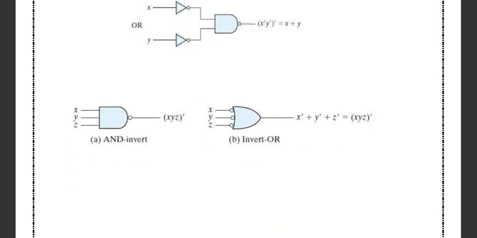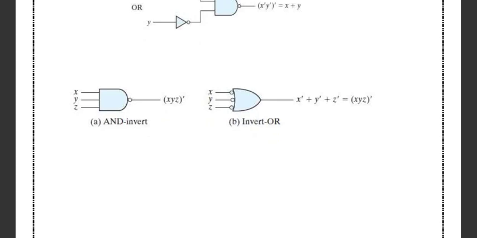In this section we have an inversion because we are having x, y, z, and the result will be x, y, z, but we are having a NOT gate in front of the AND gate. That is why we are giving the value AND inverse, which is x, y, z total bar.